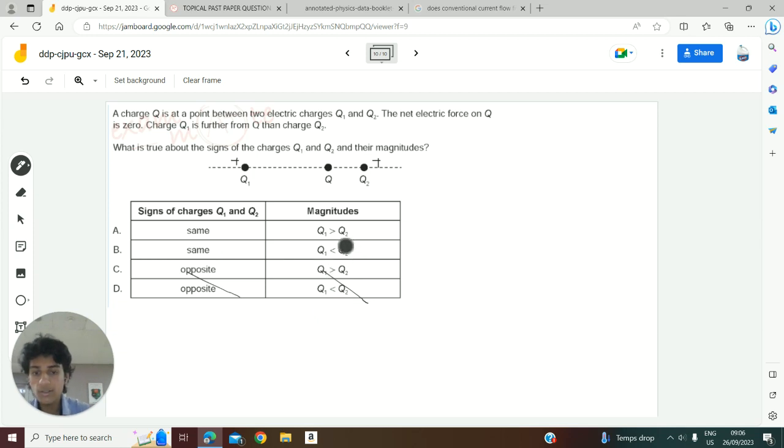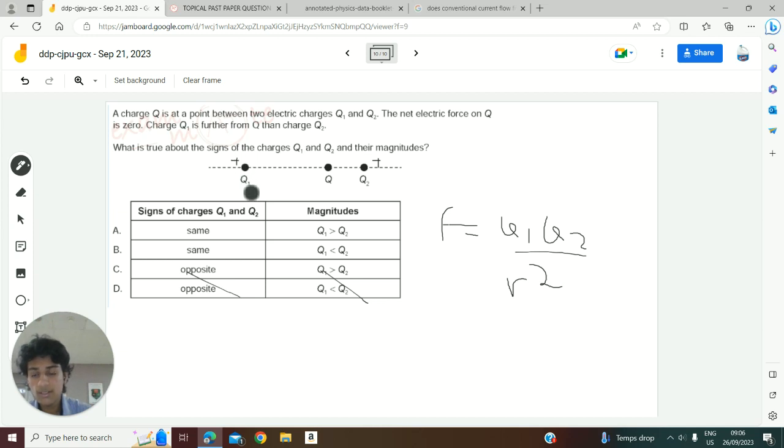Let's check the magnitude of Q1 and Q2. Now, you know that the electric force is Q1 Q2 over R squared. So as the radius increases, the electric force would decrease.